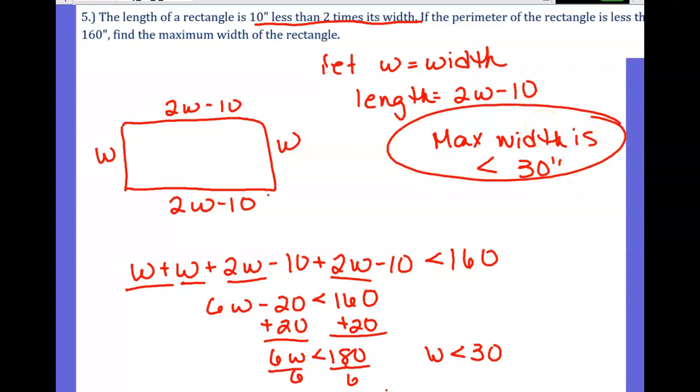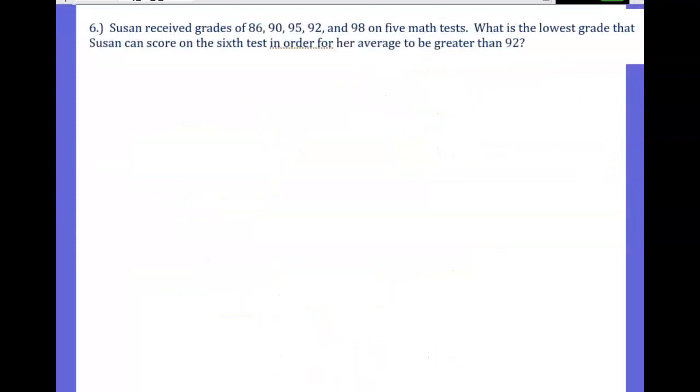Okay. All right, our final example here. Susan received grades of 86, 90, 95, 92, 98 on 5 math tests. What's the lowest grade that Susan can score on the 6th test for her average to be greater than 92? Well, if you recall with averages, you take all of the numbers, 86 plus 90 plus 95 plus 92 plus 98.